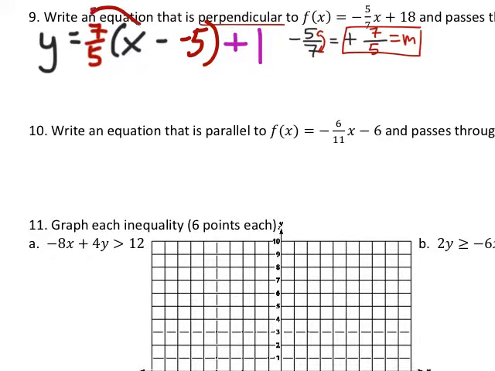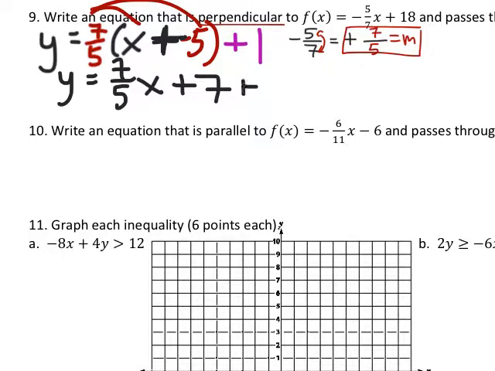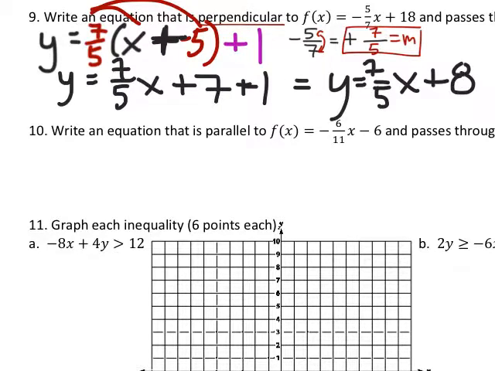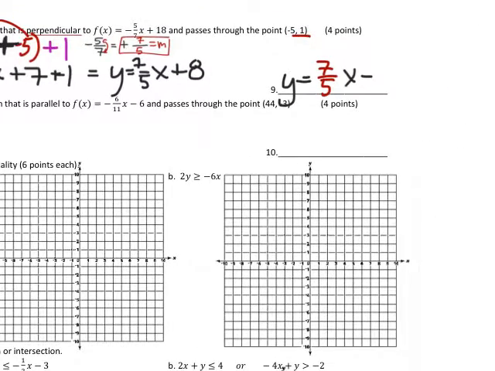Alright, to solve this, we'll have to distribute the 7/5, which leaves us with y equals 7/5 x. And we could have made that a plus if we wanted to. It's not going to make a difference in the end, because it's just going to be a positive 7, and that's plus 1, which really gives us y equals 7/5 x plus 8. So in our answer, we can go ahead and write this as a plus 8.